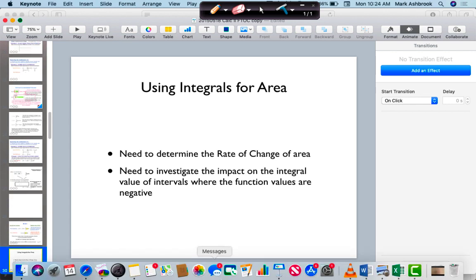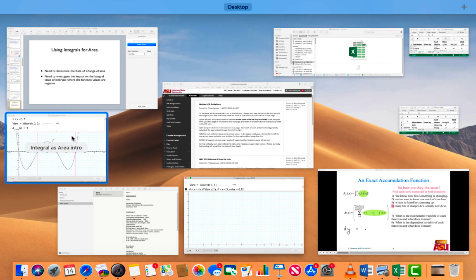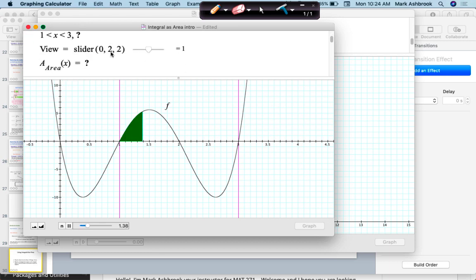Let's look at this here. So I've got, say, this function f. Here's what I want.